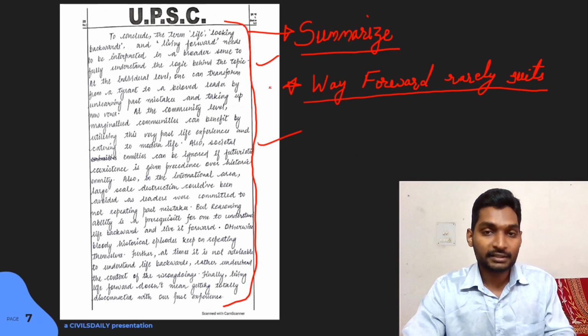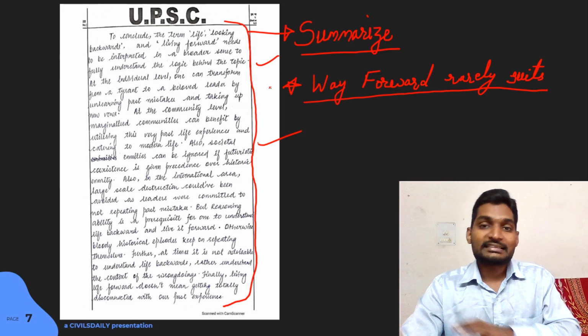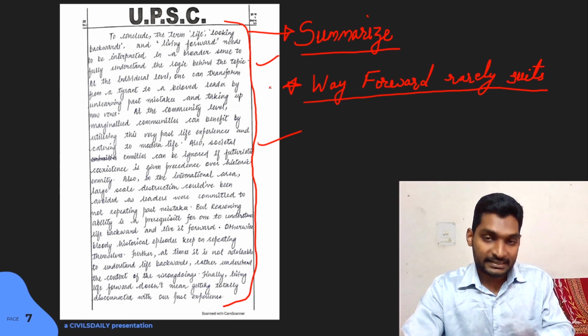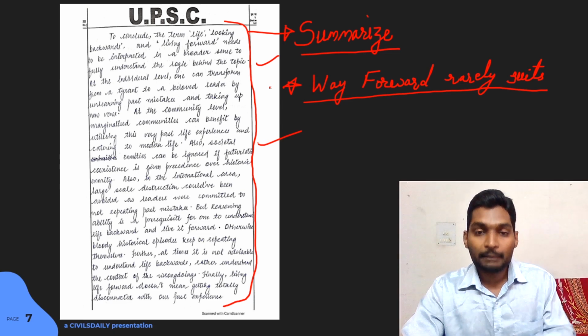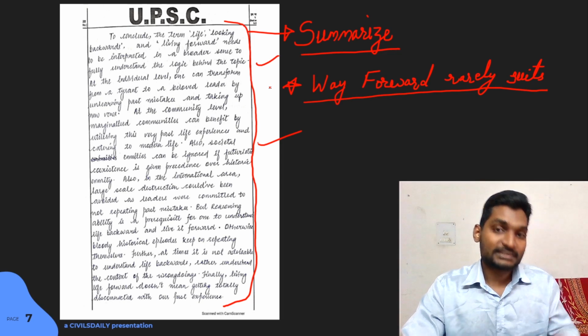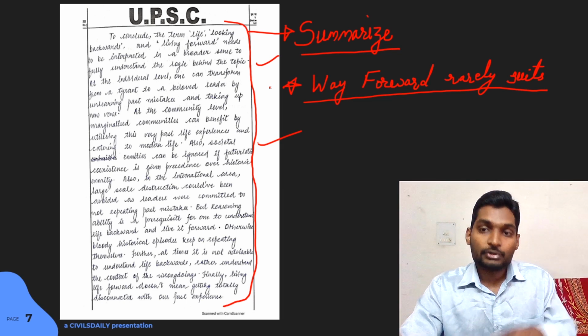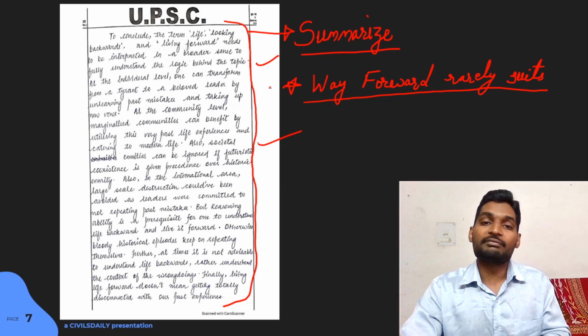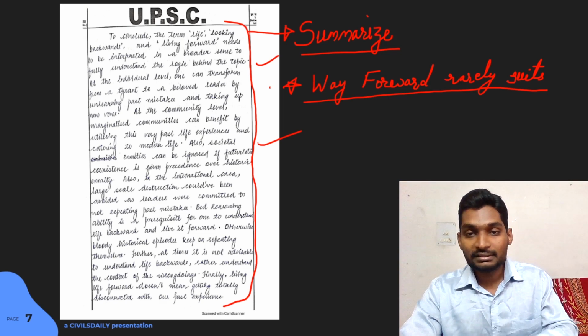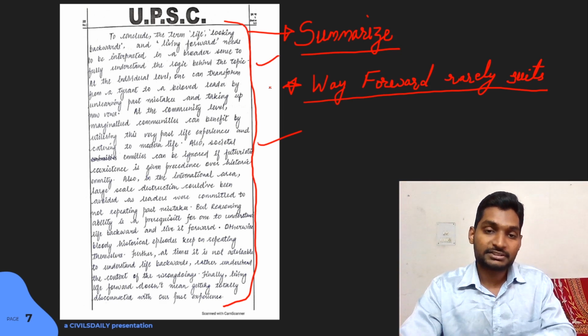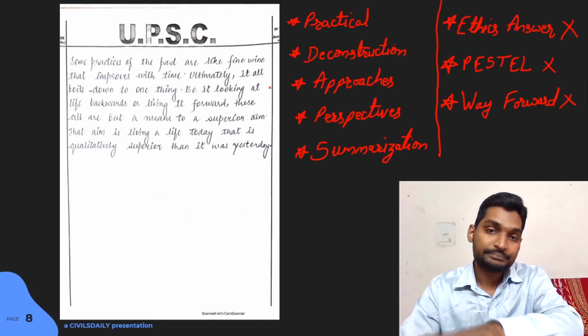So what we learn here is that, in general, summarization is the best strategy in philosophical essays, but again, it's not a general rule. Just like in the case of the pastel approach, if the topic of the essay demands, you may have to use a way forward, but in general, summarization is the best strategy in philosophical essays.